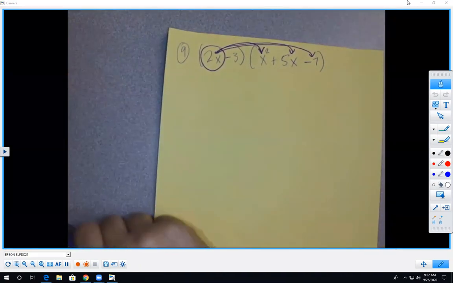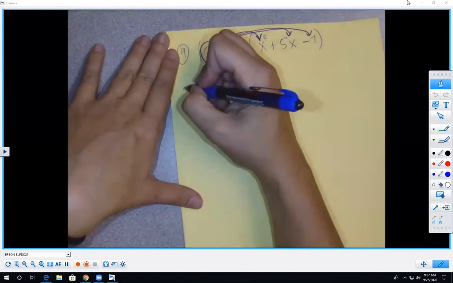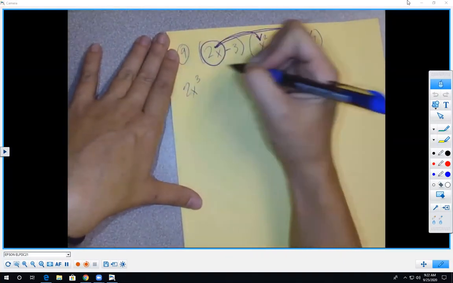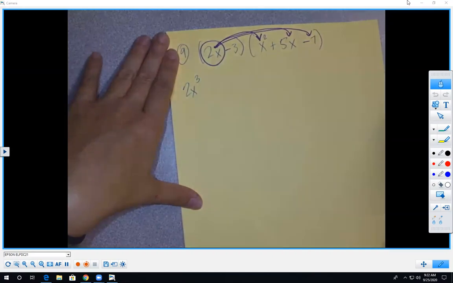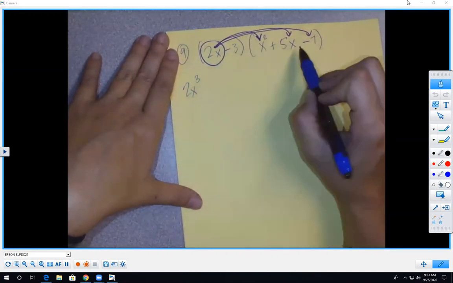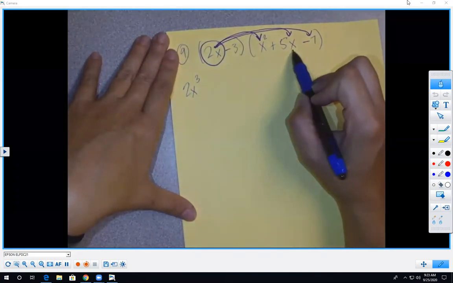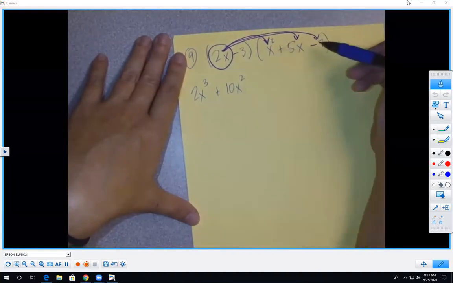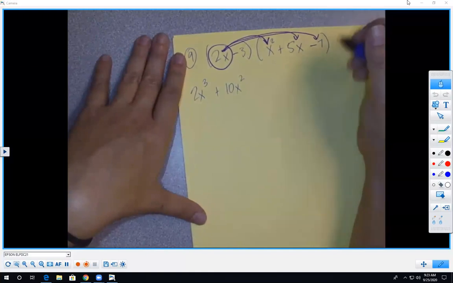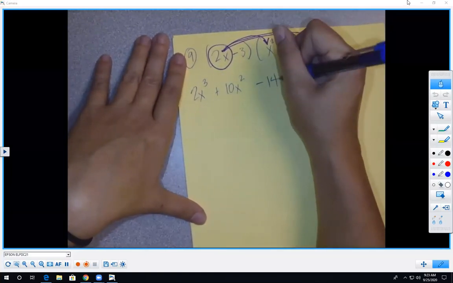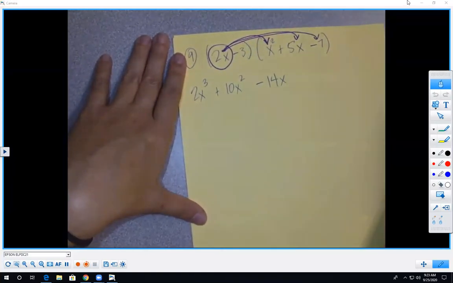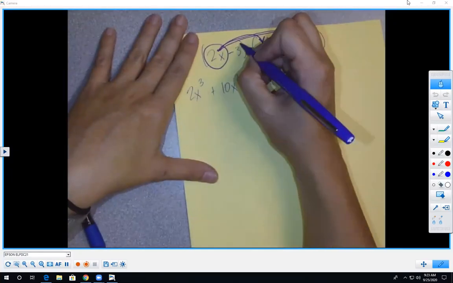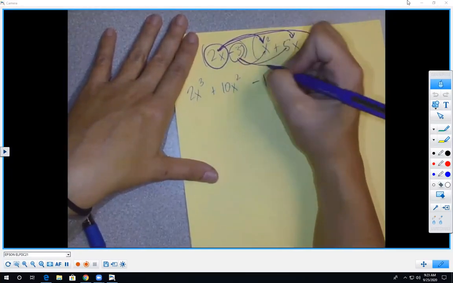So 2x times x squared is 2x to the third power. 2x times 5x is 10x squared. 2x times negative 7, negative 14x. Now I do the same thing with the negative 3.